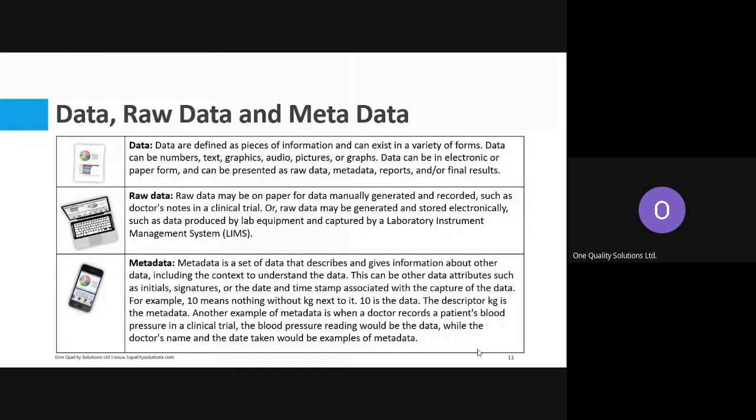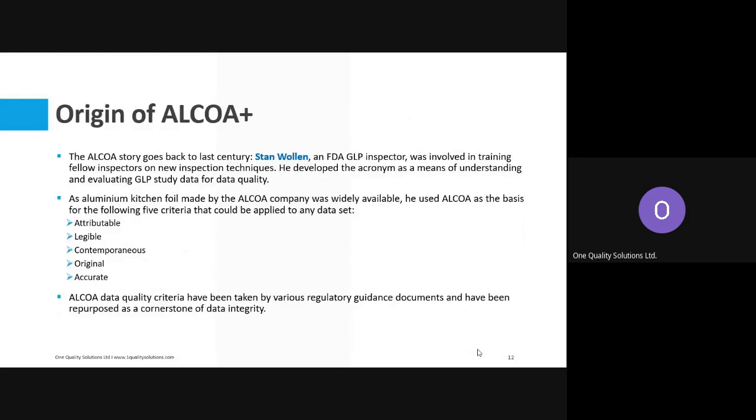Another example of metadata is when a doctor records a patient's blood pressure in a clinical trial. The blood pressure reading would be the data, while the doctor's name and the date taken would be examples of metadata. Okay, so data must be ALCOA Plus compliant to ensure data integrity. So let's discuss ALCOA Plus in the next slide.